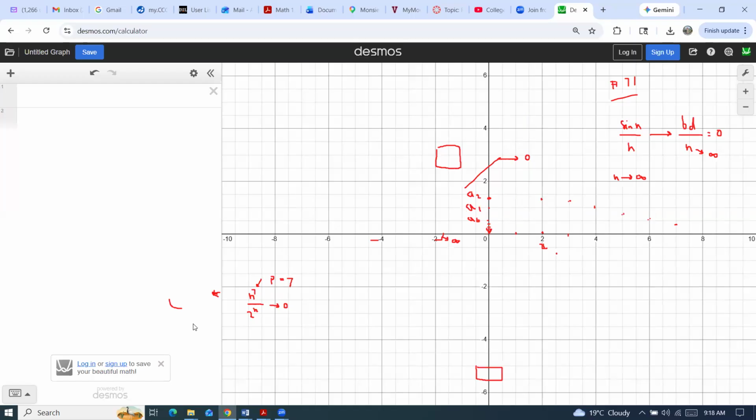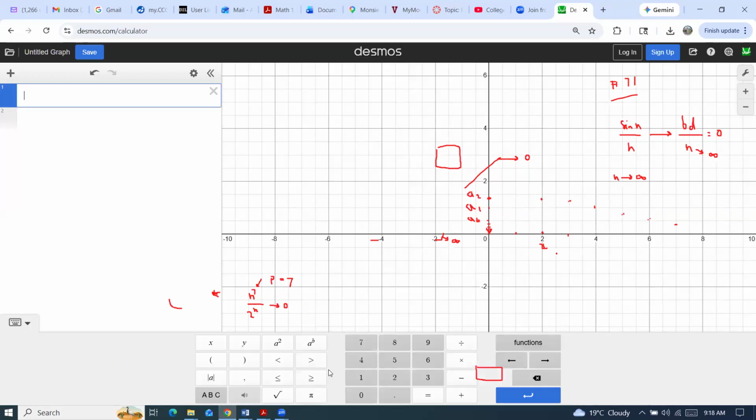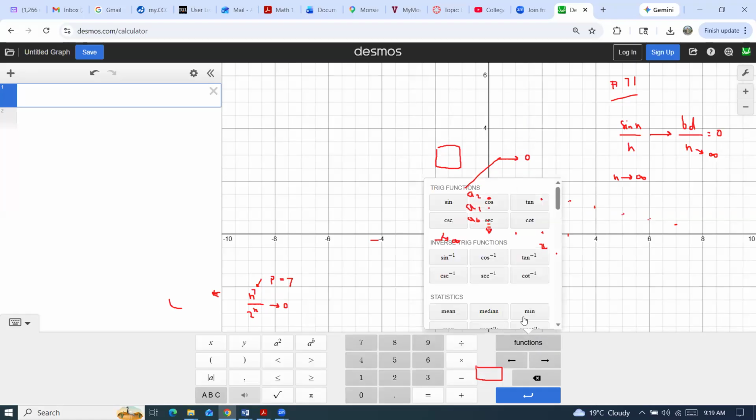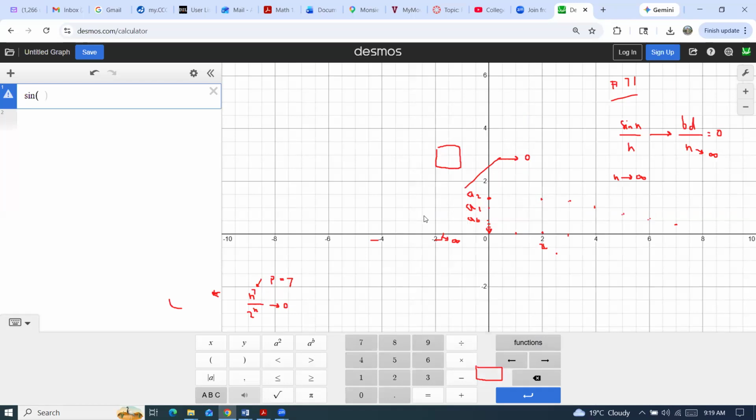Let's see, how do you enter the function sine? I think you can just type sin or use functions. So using calculator functions, sine is right here. So you can graph any of these functions if you want. Sine of x, that's a favorite.